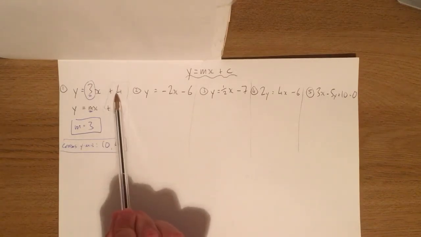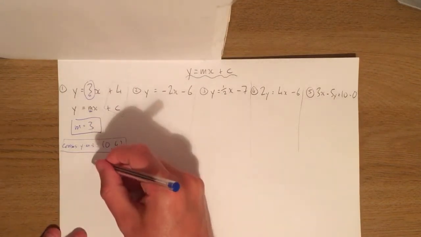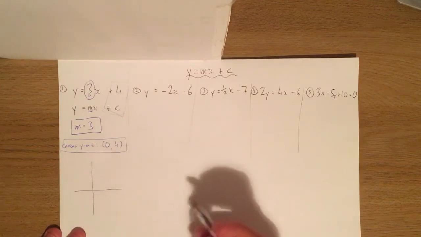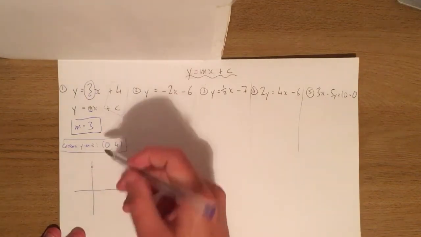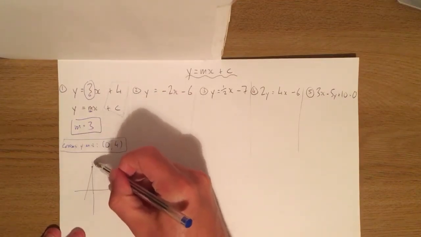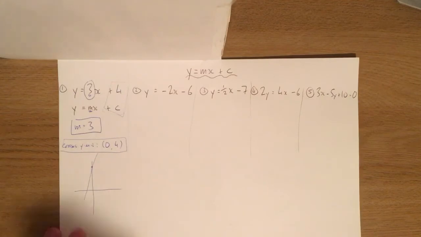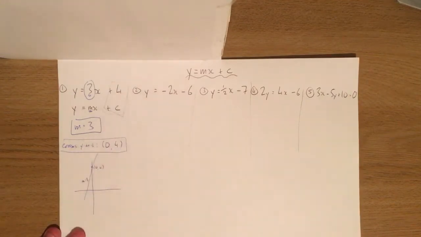So this must cross at 0, 4. Okay, so very roughly, what does this line look like? Well, it crosses the y-axis at 0, 4, and it's got a slope of plus 3. So really roughly, it looks something like that. Okay, that's 0, 4, and its slope is 3.